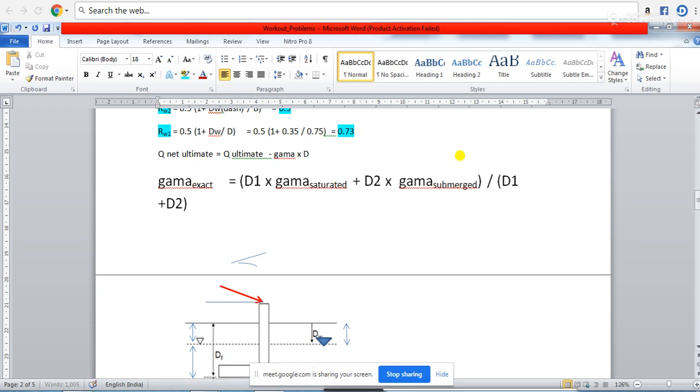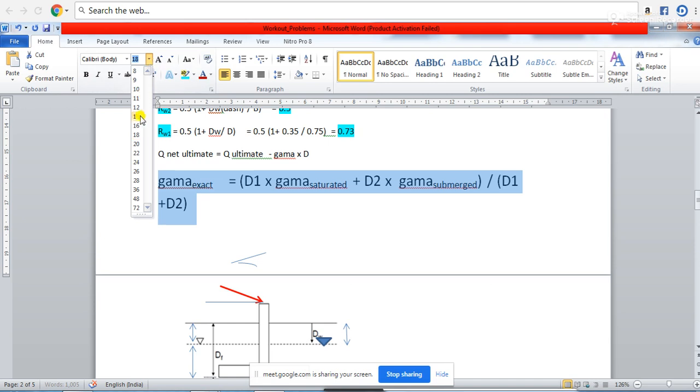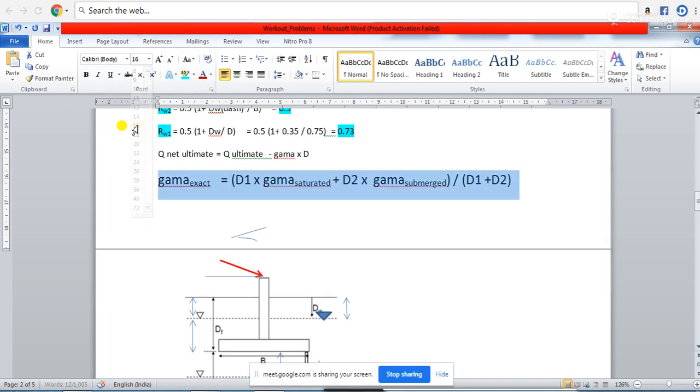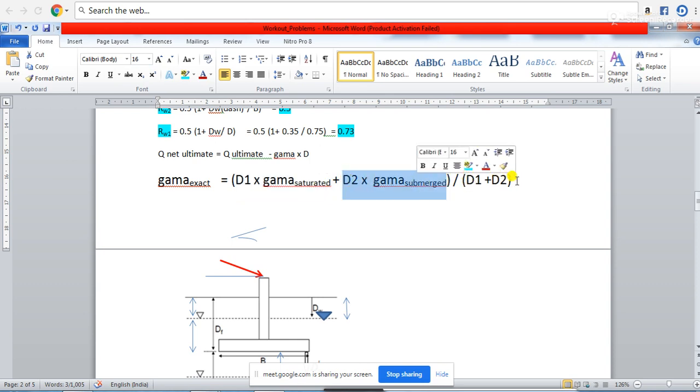So gamma exact is d1 into gamma saturated plus d2 into gamma submerged, divided by d1 plus d2.